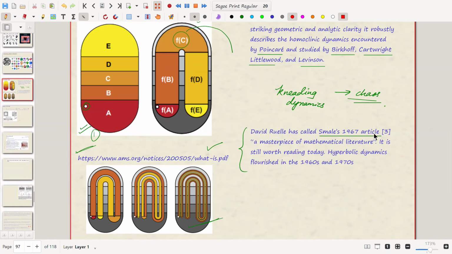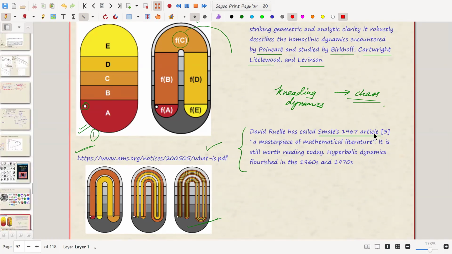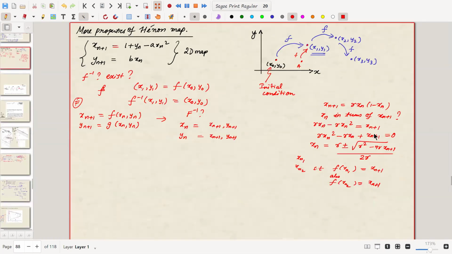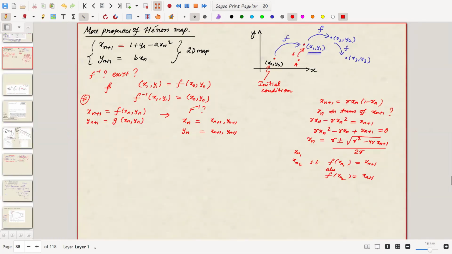So this is the thing. You can actually characterize invertibility and non-invertibility of the map to see the chaotic property of the map. If a map is non-invertible, it is responsible for the stretching and folding action of the map.